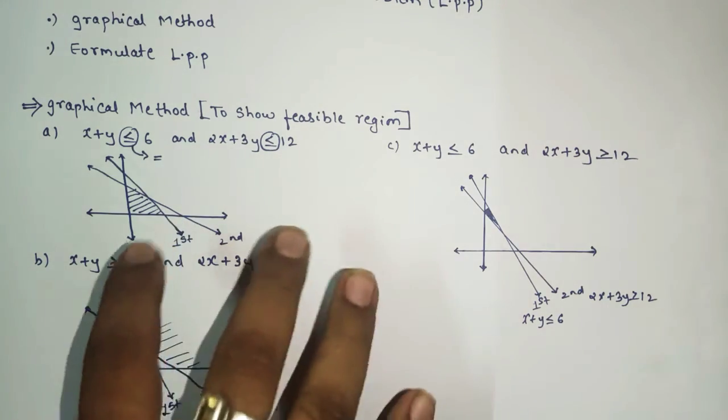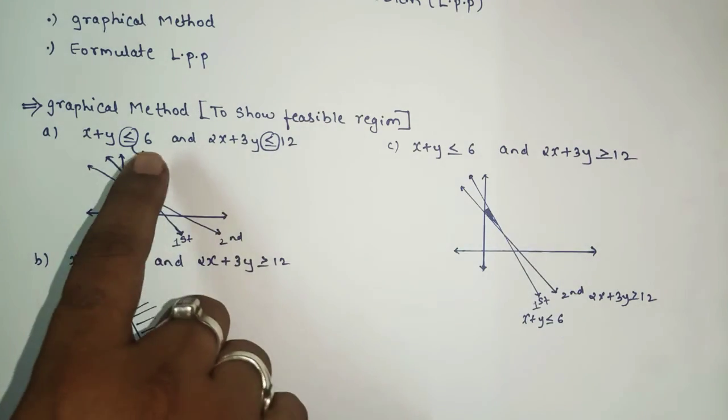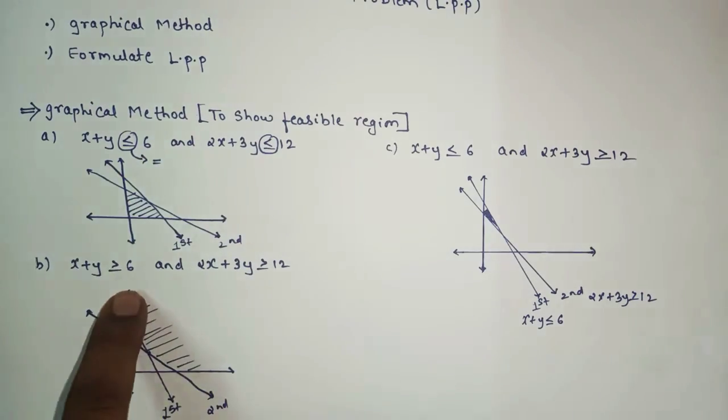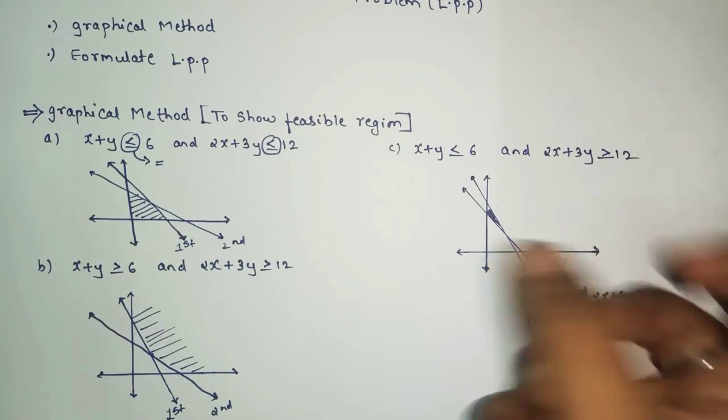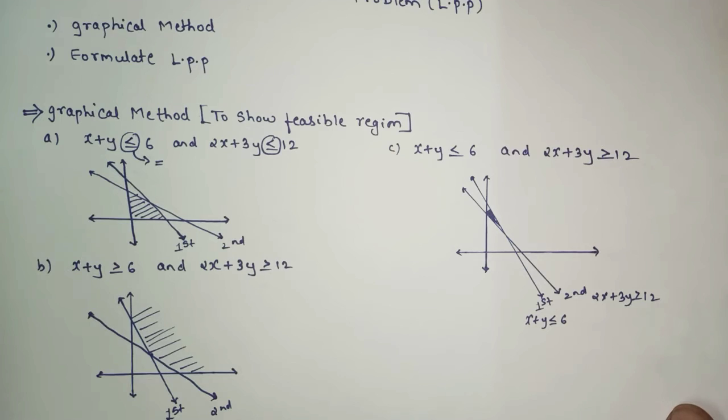So in the graphical method also there are three types: one based on less than, one based on greater than, and one based on less than and greater than together. Okay, now one more point.